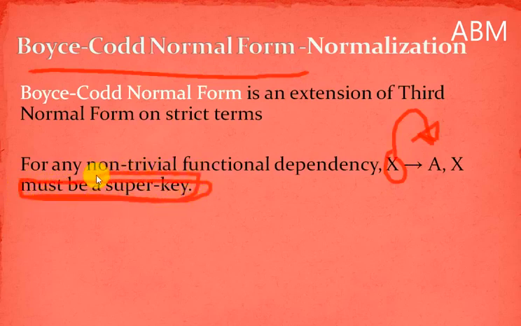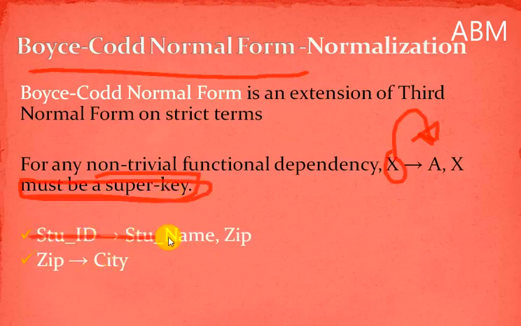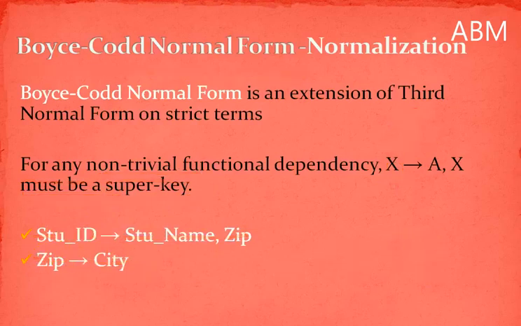We have already discussed in our previous videos that the super key is any key or the combination of keys which may be used to determine the other attributes. So if X is going to determine A, then X must be a super key. For example, in this condition you can say that student ID is a super key, and in this condition you can say that the zip ID is a super key.